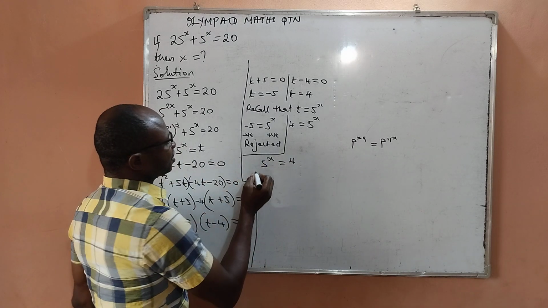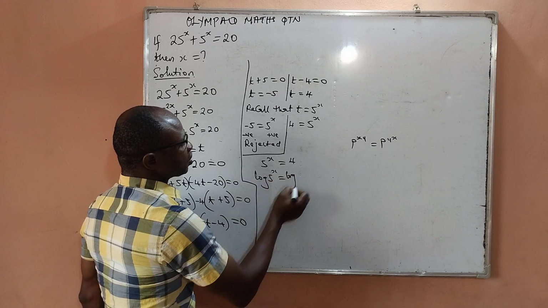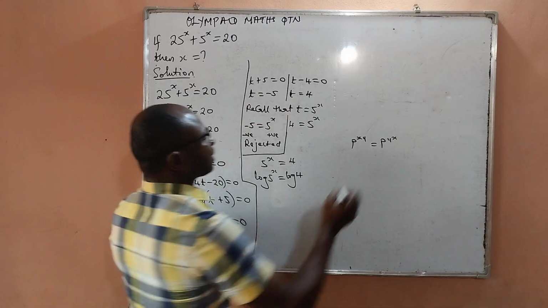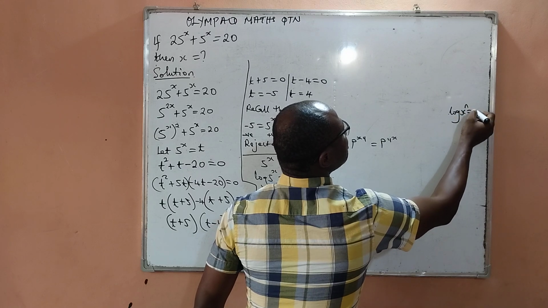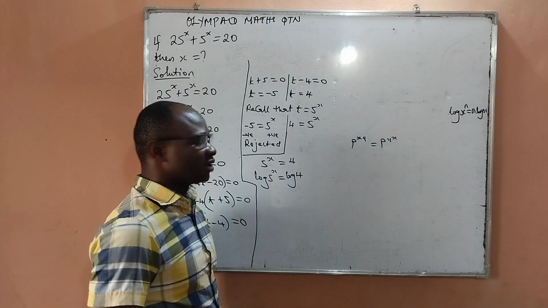By applying logarithms now, we have the log of 5 raised to the power x is equal to the log of 4. Now, if I have log x raised to the power n, it is equal to n log x. This is very correct in laws of logarithm.